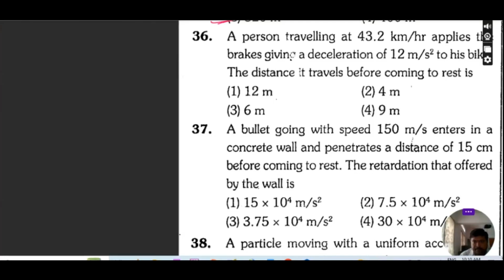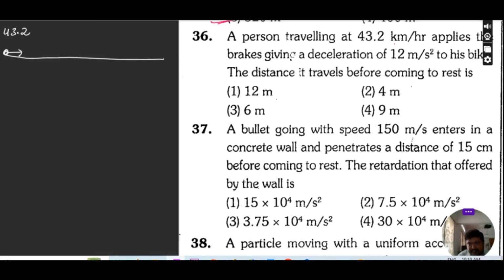36th question. A person traveling at 43.2 km per hour applies the brakes, giving a deceleration of 12 meter per second square to his bike. The distance it travels before coming to rest is. Here, a person is traveling with 43.2 kilometer per hour.